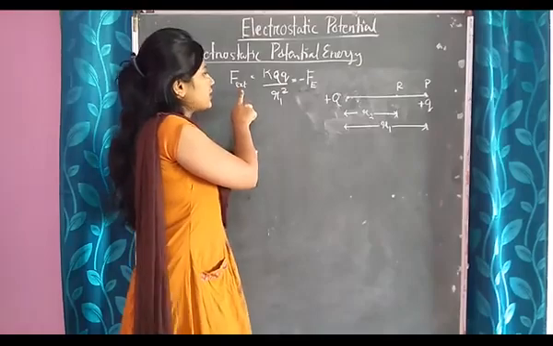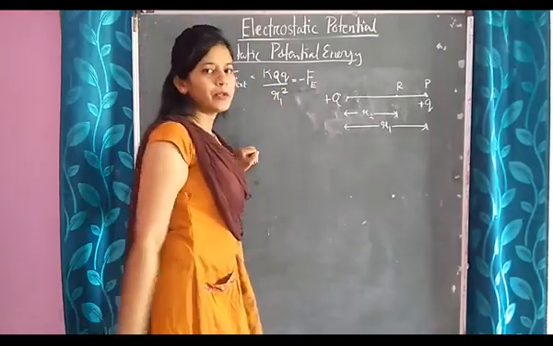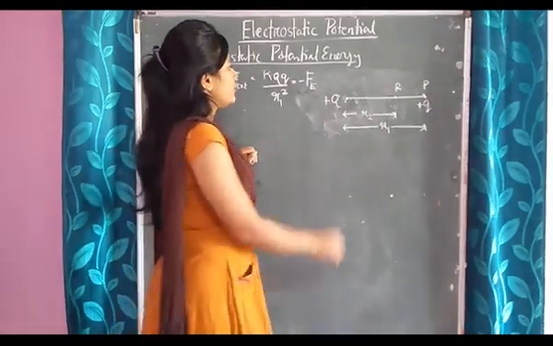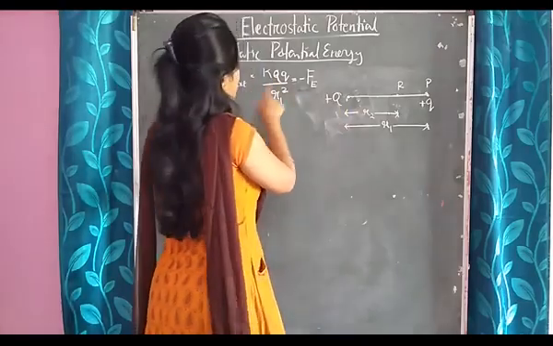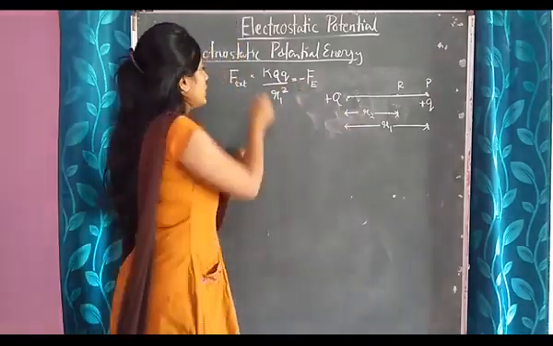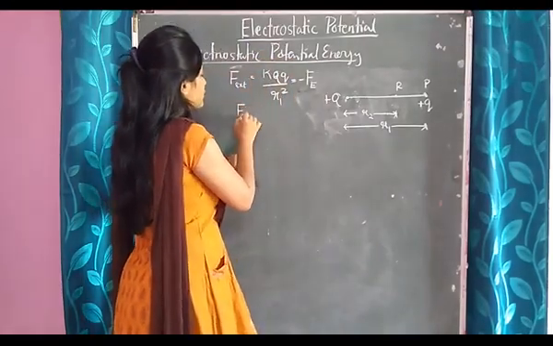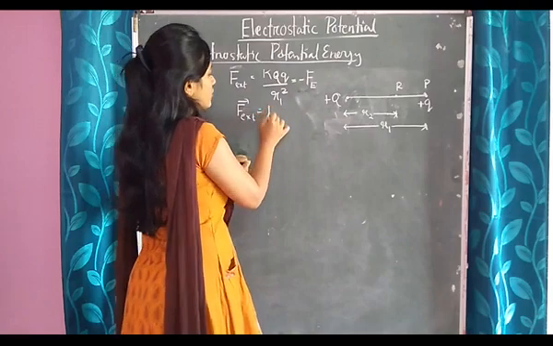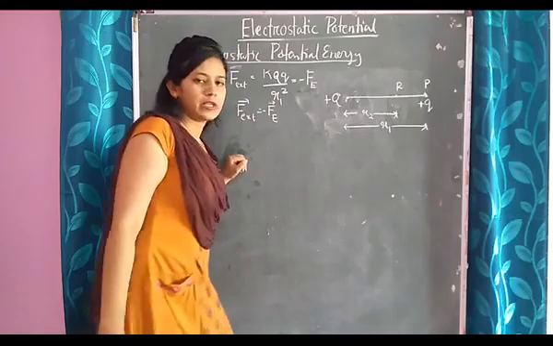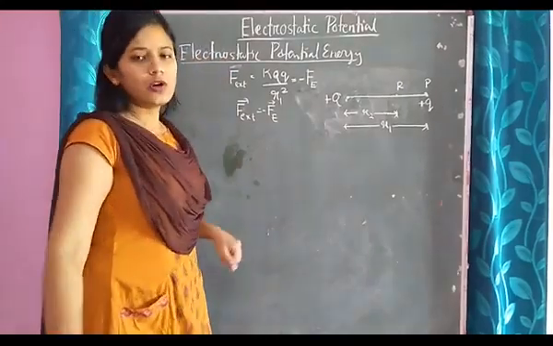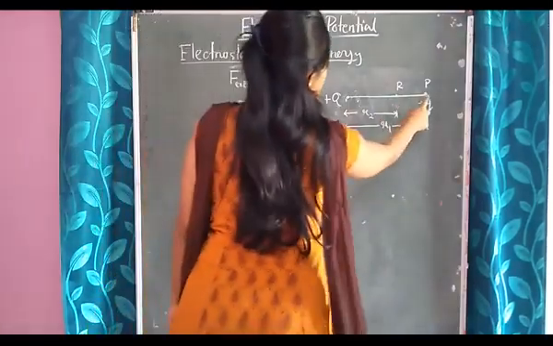So the external force must be equal in magnitude and opposite in direction to the electrostatic force. So I can write that F external must be equal to minus of Fe.